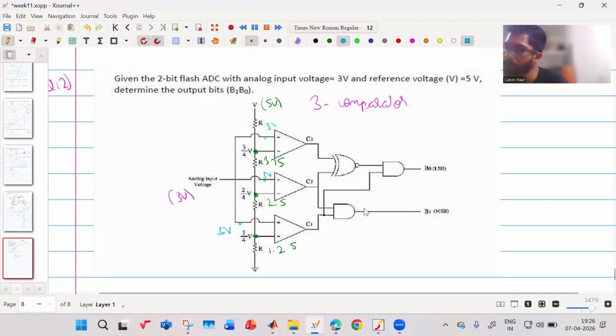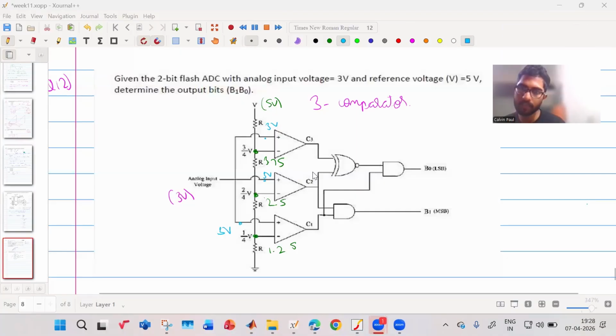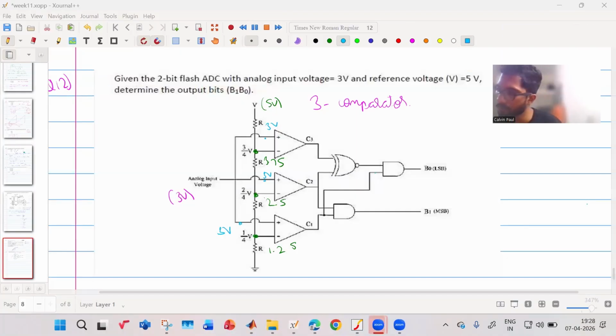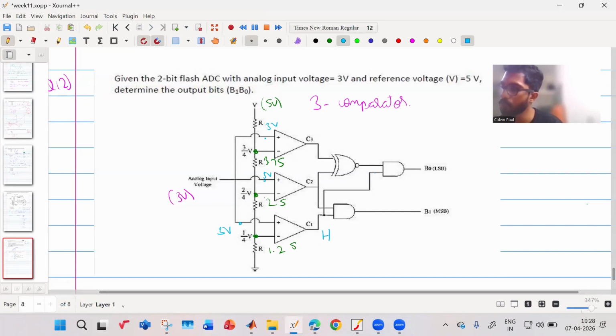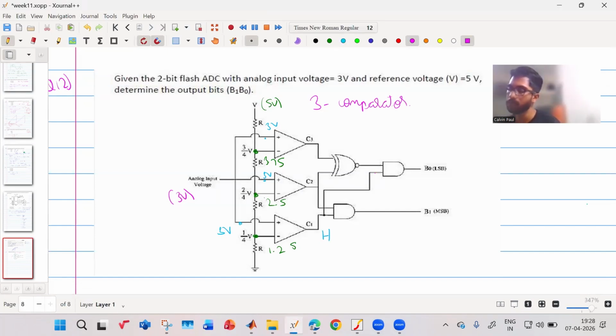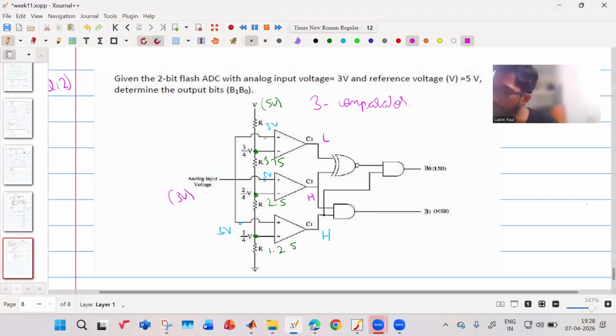What will be C1? C1 is high. What will be C2? C2 is also high. And what will be C3? C3 is low.